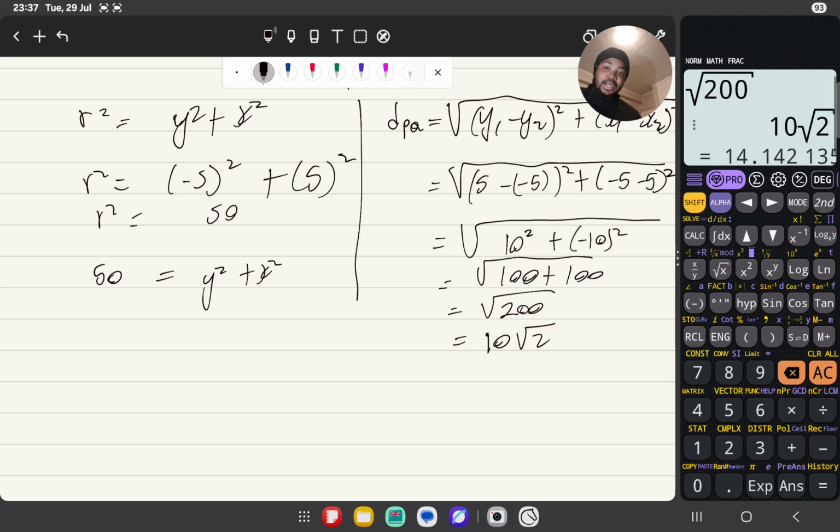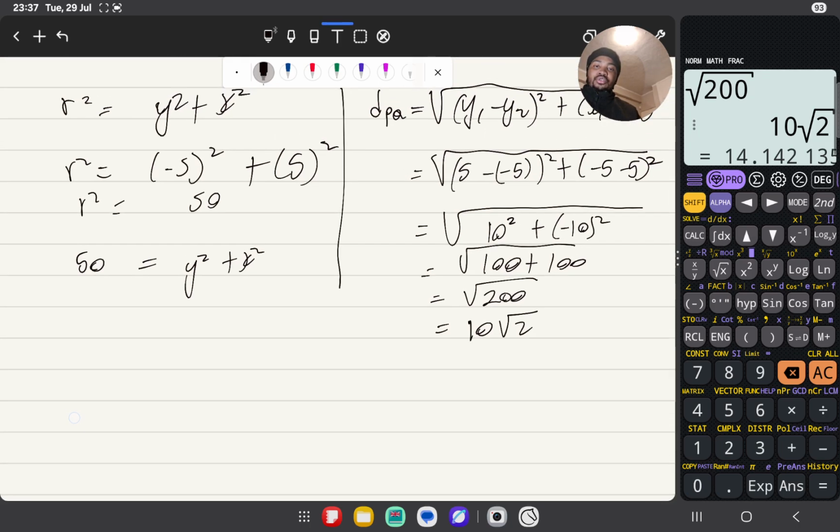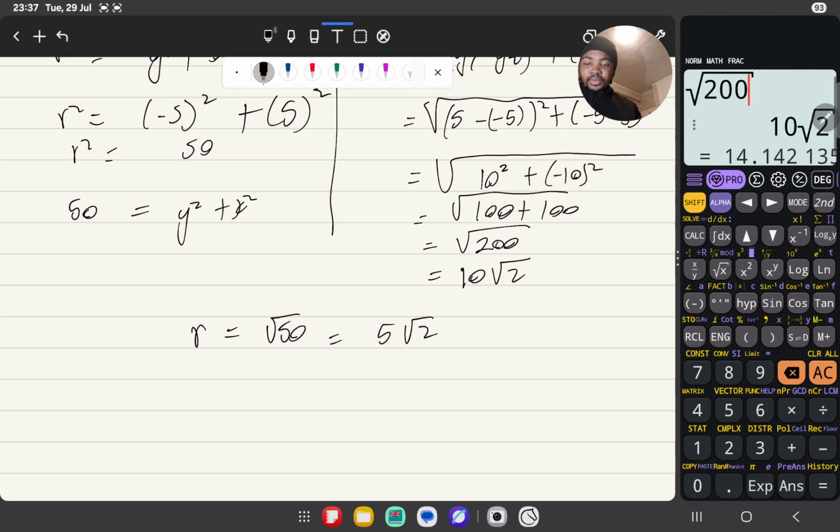That is the diameter, which is also twice the radius. So you can then say that the radius is the square root of 50, which is 5 square root of 2.